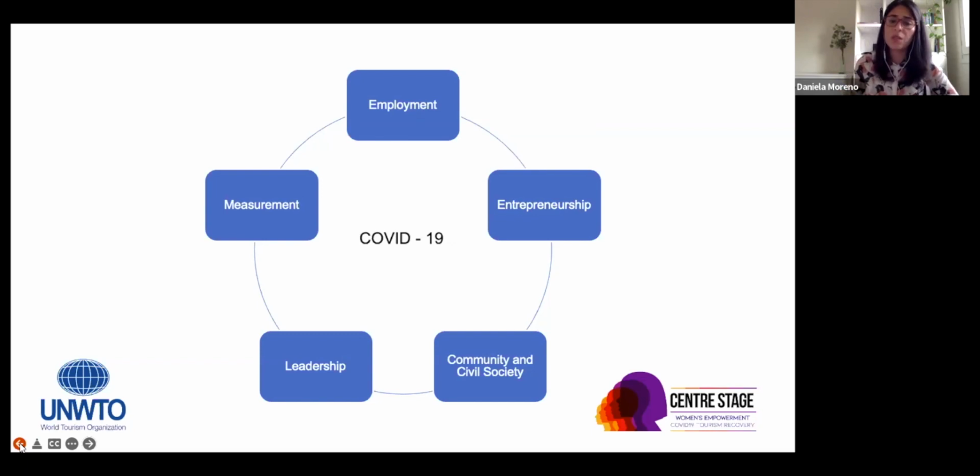Then we have the community and civil society pillar. This is a key pillar to strengthen the capacity of tourism to foster gender equality. Why? Because community and civil society know very well what is happening in that context. We have to work with women's organizations, with feminist organizations, with men-engaged organizations. We have seen many men right now that are engaged with gender equality, and that is very good news for everybody.